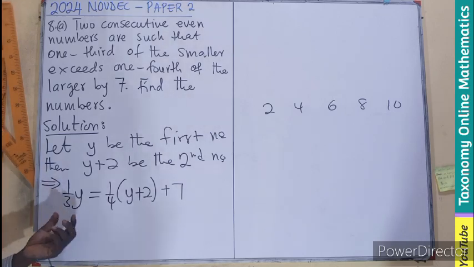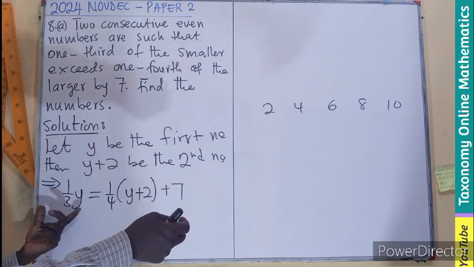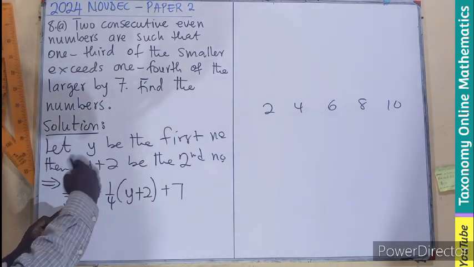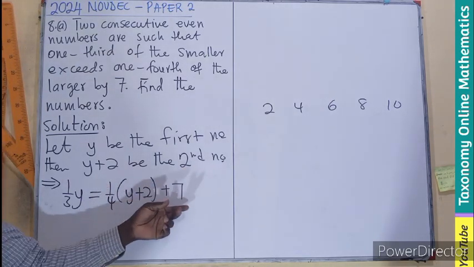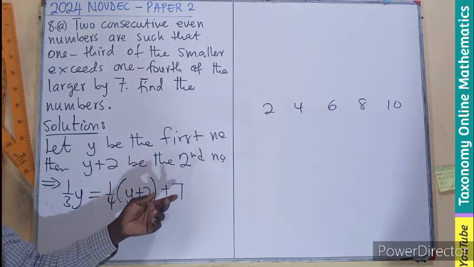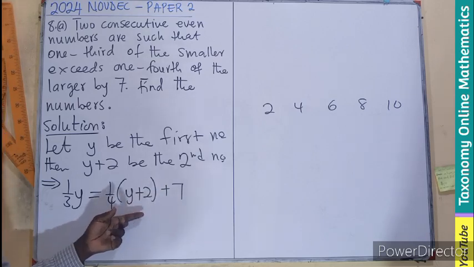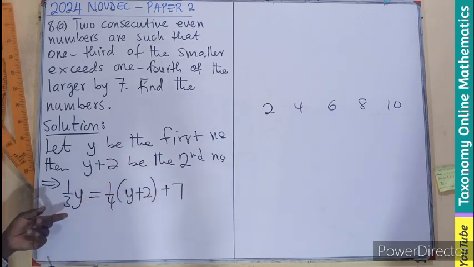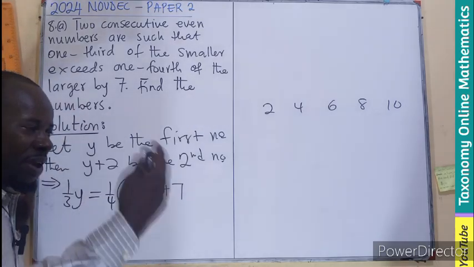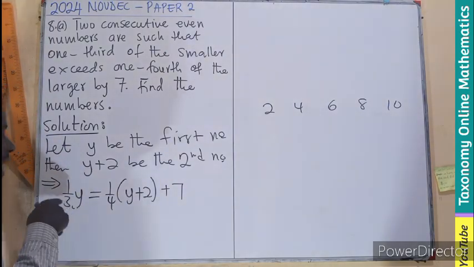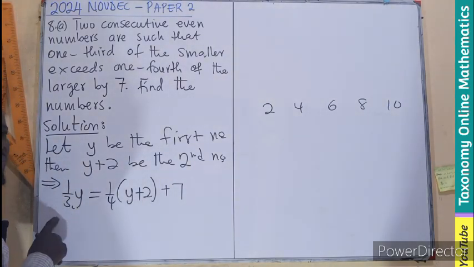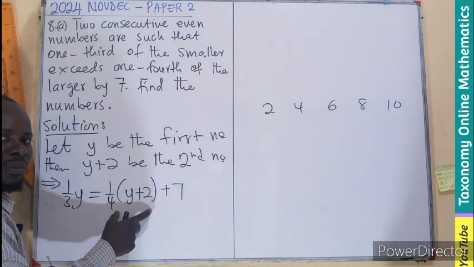We are saying that this is exceeding, meaning this is bigger than the 1/4 of the second one by 7. So if I add 7 to the 1/4, I'll get this. Or in another vein, since this is bigger than that, if I subtract 7 from the bigger one, I should get the other.